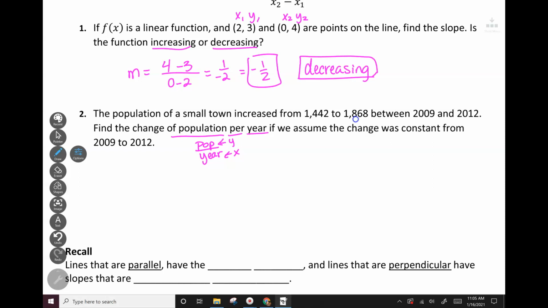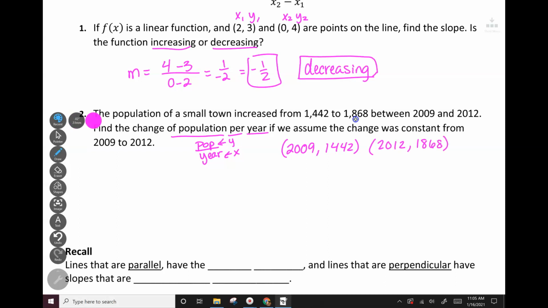So let's see. If you want to write these as ordered pairs, those 2 points that you have, remember the year is going to be your x value. So 2009 is going to be 1,442. And then 2012 is going to be 1,868.